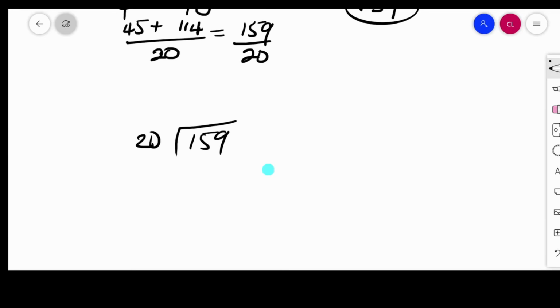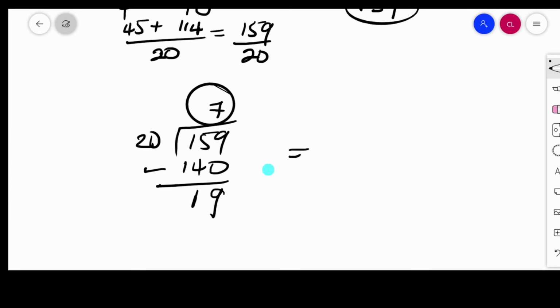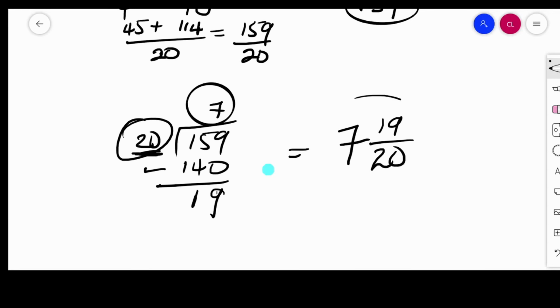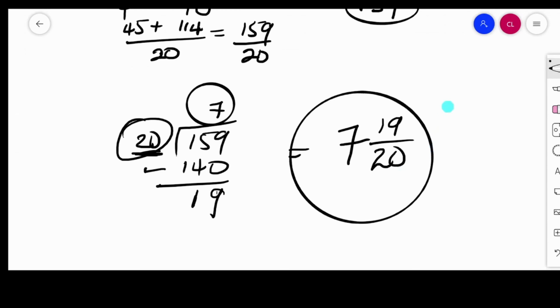Okay, so 7 here, and this would bring me to 140. I'm going to subtract. I get 9, I get 1. Now I can stop here. This is my whole number. So 20 goes into 159 7 whole times. I have a remainder of 19. This becomes my numerator, and my divisor becomes my denominator. So here's my answer, 7 and 19 over 20.